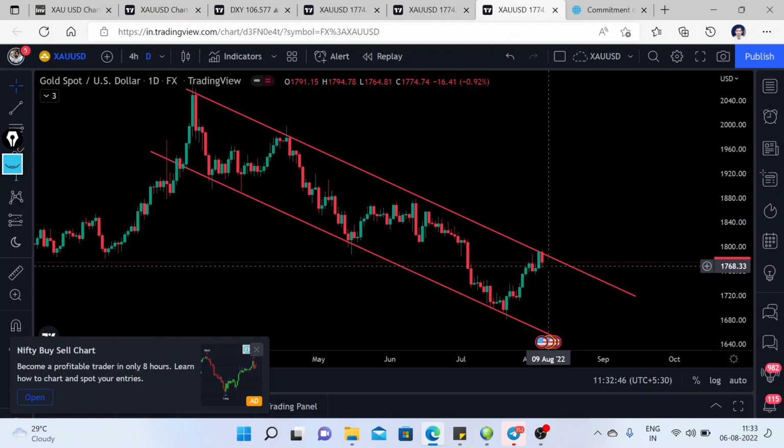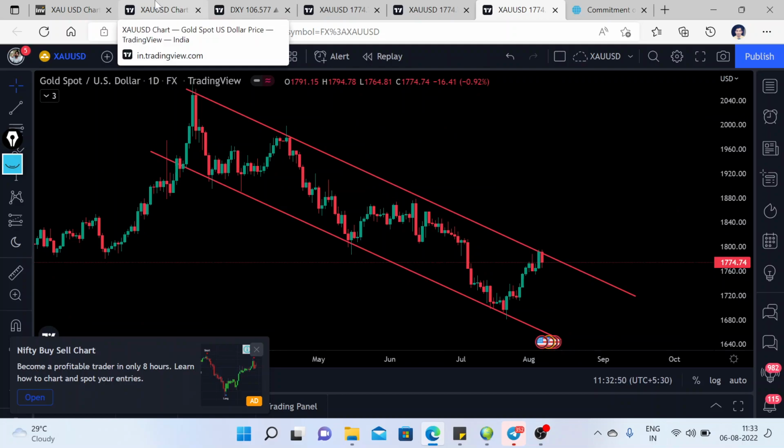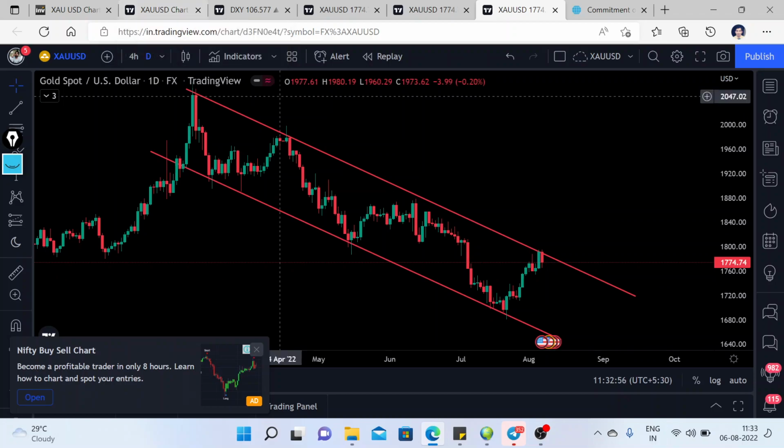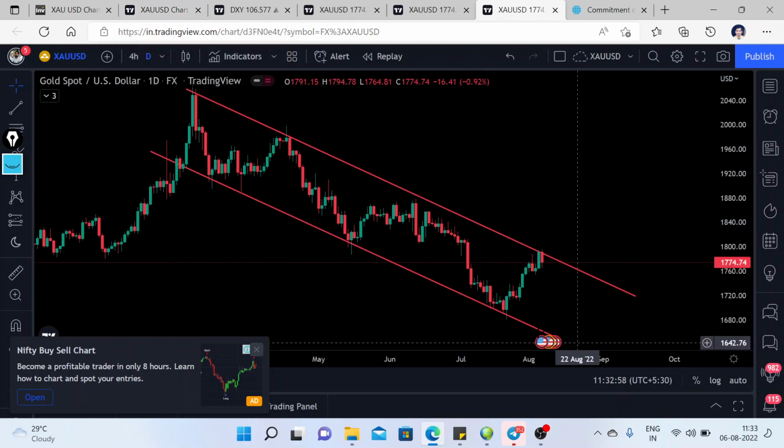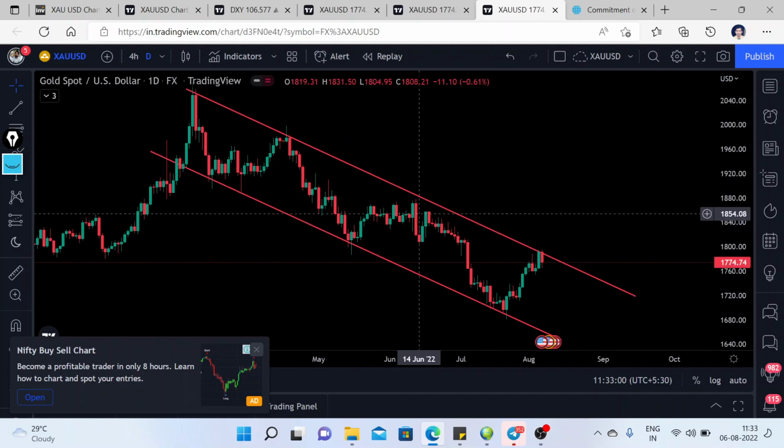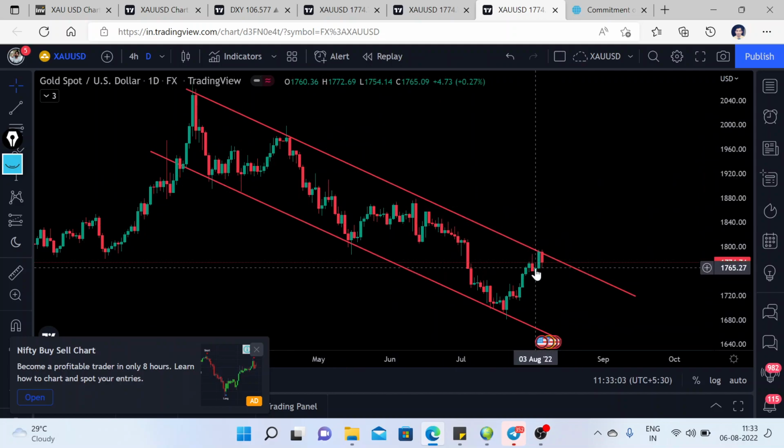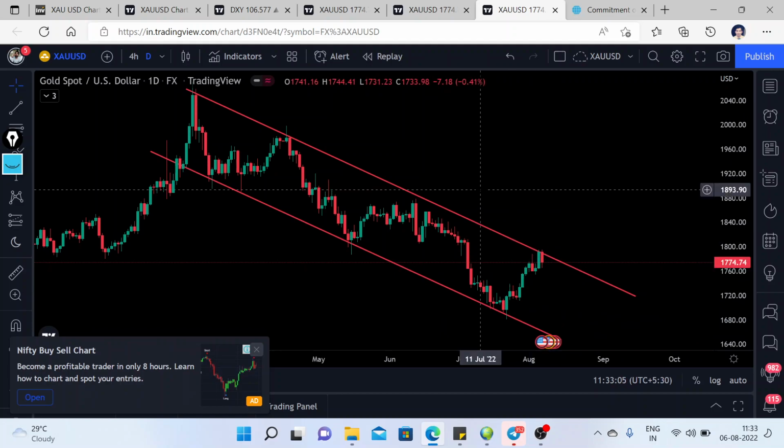So yes, we can have some decline, and the level that I said to wait for is whether we are going to hold on 1765 or not. And on the downside, this is the support. So overall we are still in the descending channel, but there is bullish sentiment from the COT.